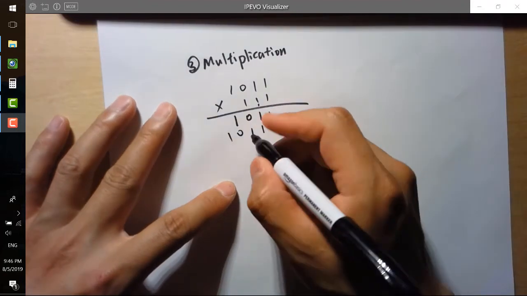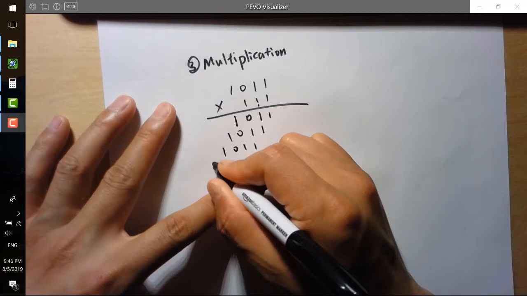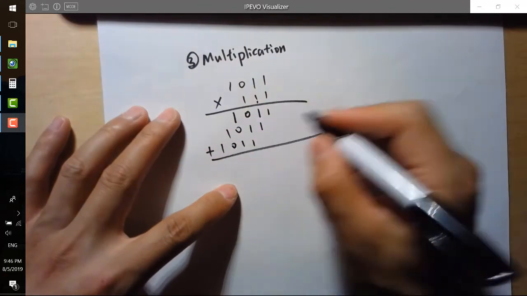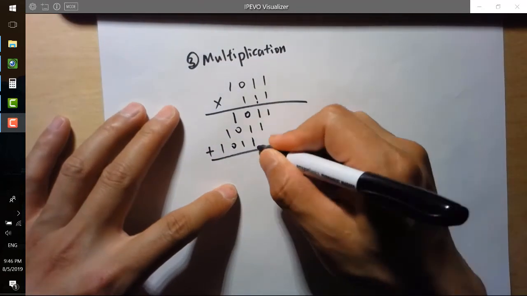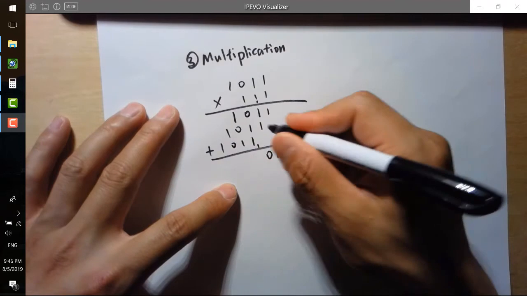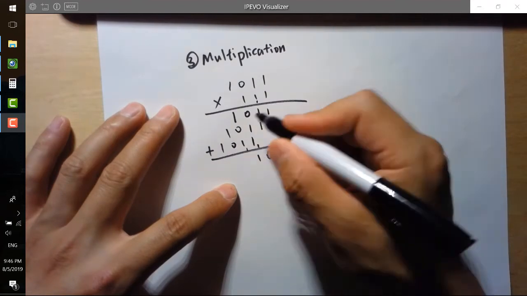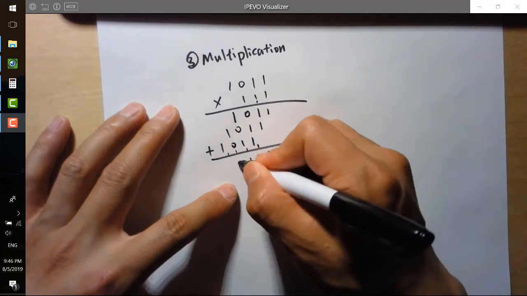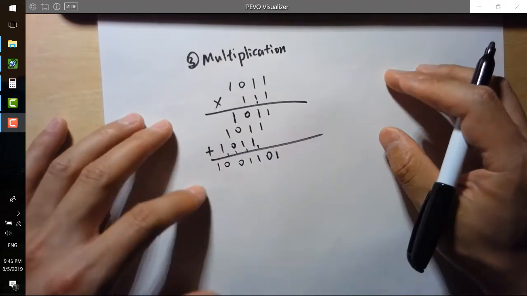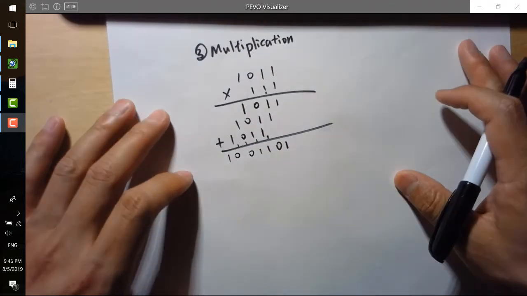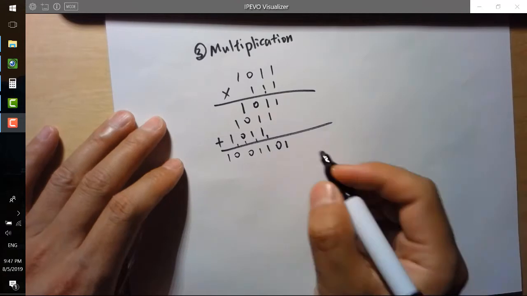So we just directly write it down. Same thing here. Just don't forget to shift. And then you just add them together. So 1, carry 1, 0, and 1 1 1 1 1 0 1 0. So that's the final result, right?